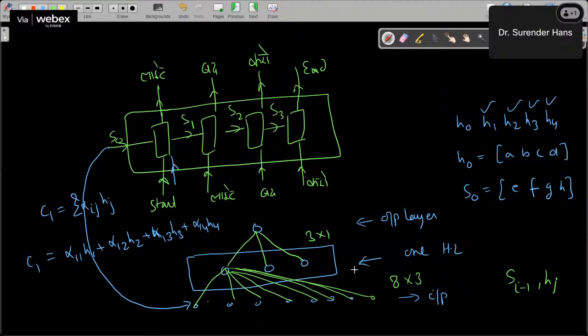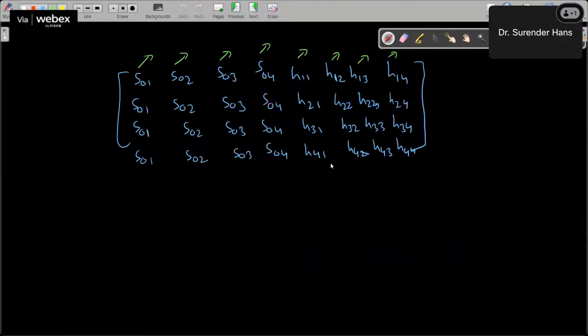Either you send the matrix one row at a time, or you can send this whole matrix at once as a batch operation. You can send a batch of 32 or a batch of 64. Here, suppose we are sending a batch of 4. So this matrix is 4 cross 8.